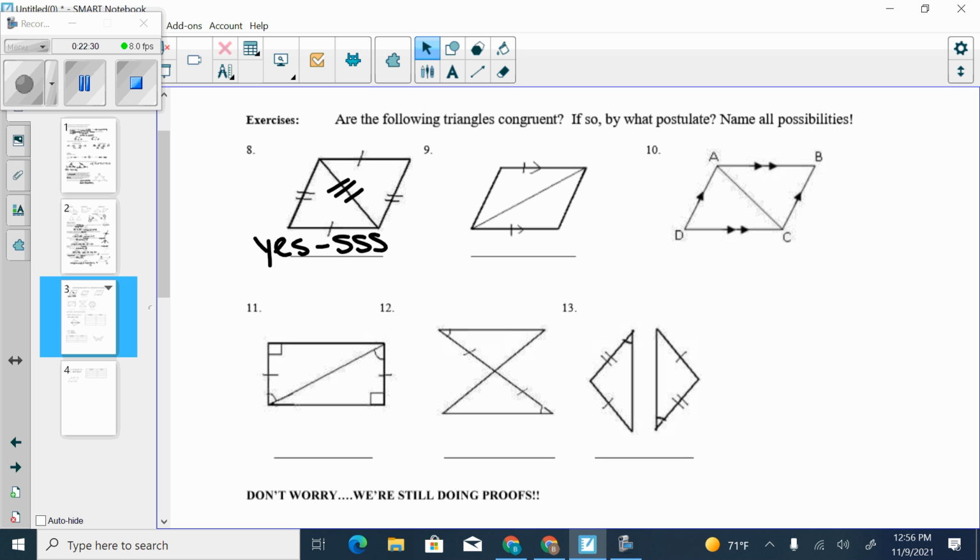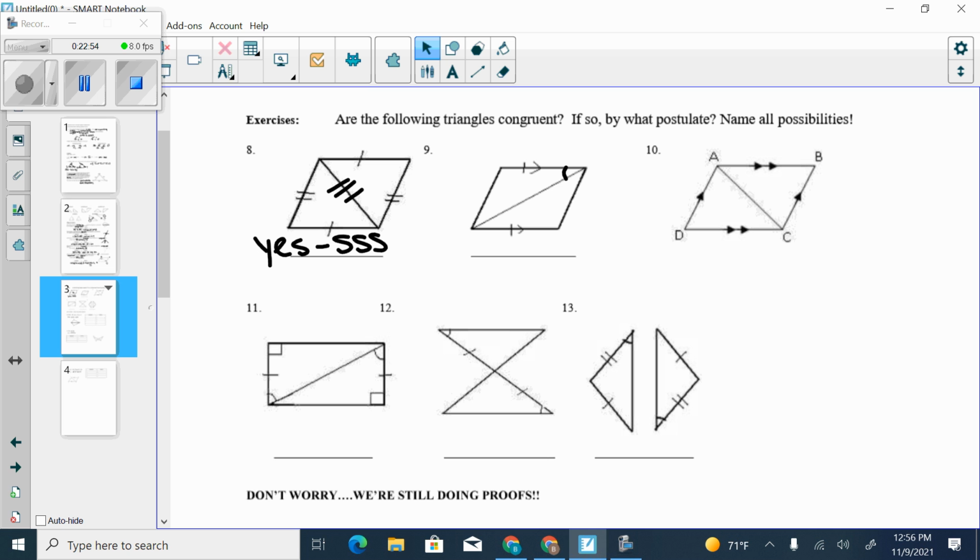Okay, on number 9, what's marked for us? Parallel lines. Anything marked as congruent though? Right, we just have 2 line segments marked as congruent, okay? So if we've got parallel lines, what are we probably going to go ahead and mark? Perfect.